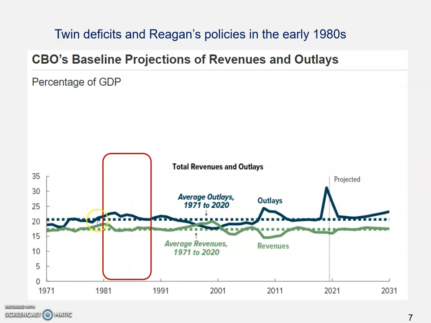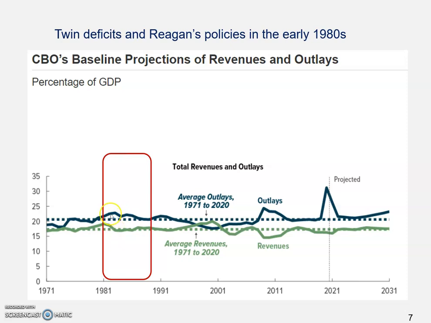Because of that, you could imagine the gap between the two curves would be the budget deficit, right? The darker one is the government spending, and the lighter one is the revenue.